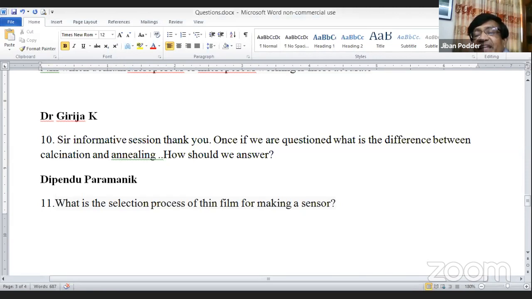If we want to make the magnetic or complex matrix, then you need calcination, because of that high temperature. You want to remove something from that. But for annealing, I want to keep all the substance.